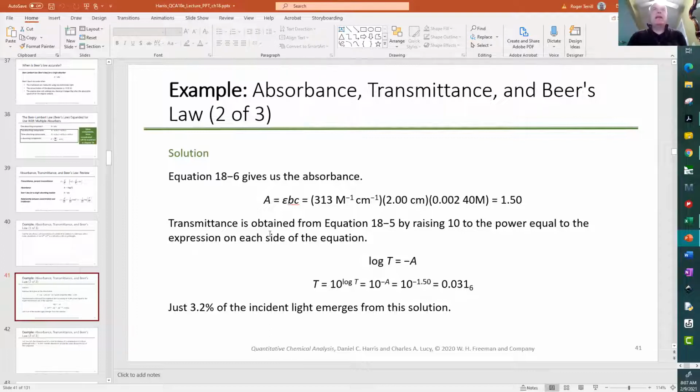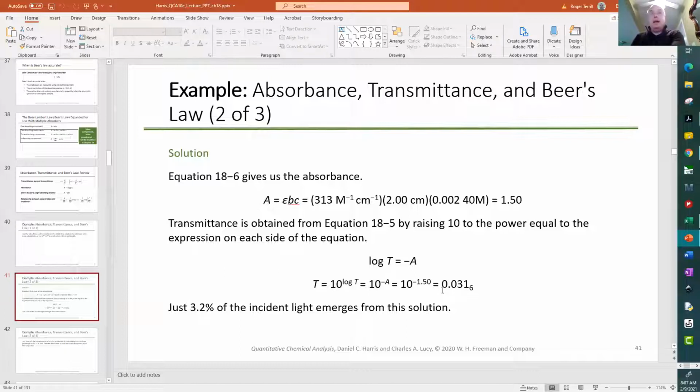This means that at this absorbance, only 3% of the light is transmitted through the solution. Whether or not that's acceptable for quantitative purposes depends on how much light your spectrometer produces at that wavelength, right?